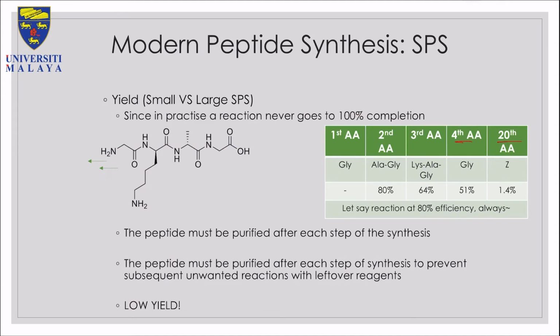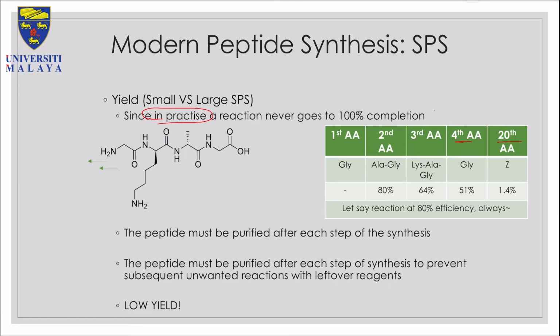Okay, and in practice, when you learn about chemistry, there's always a yield involved. You've been doing reactions in the lab previously, you know that there's no reaction that produces 100% yield. So that's why I said in practice a reaction never goes to 100% completion.